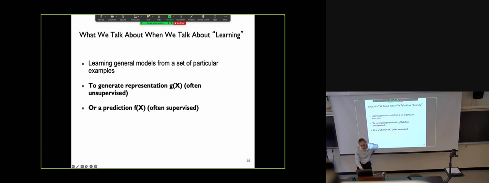When we talk about learning, we're learning general models from a particular set of examples. In the end, we still have a few data points, and we're learning a generalization of that, how to reason about this data, how this data even came about. We can learn, for example, generative models, which can generate new data. So you have a set of images with human faces, or with brains, in my case, brain images.